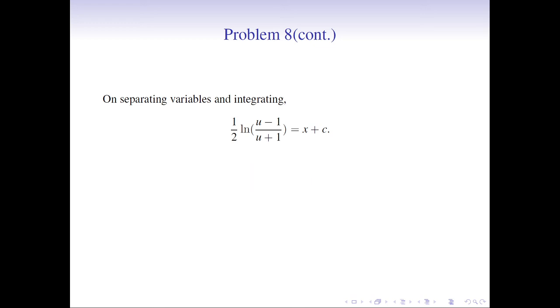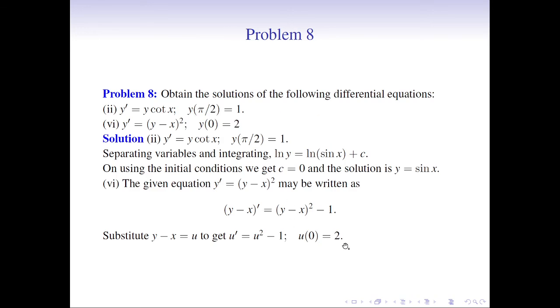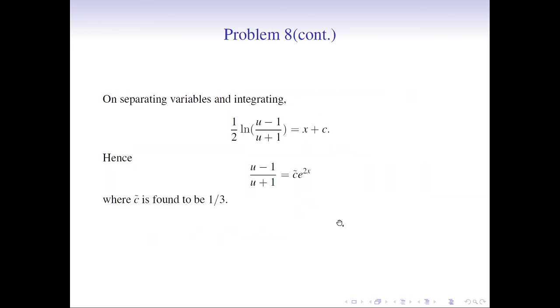How is c found to be 1 by 3? Please note that u of 0 is equal to 2. So just substitute x to be 0 and u to be equal to 2, that will give the value of c tilde, and therefore finally the solution is exactly given by this. u is equal to this. So this finishes the problems of tutorial 1.